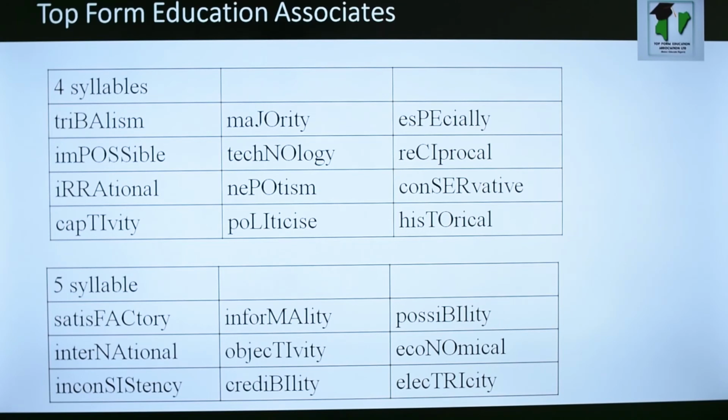There are 5. Then you stress 1, 2, and 3. So, satisfactory. International. Inconsistency. Informality. Objectivity. Credibility. Possibility. Economical.